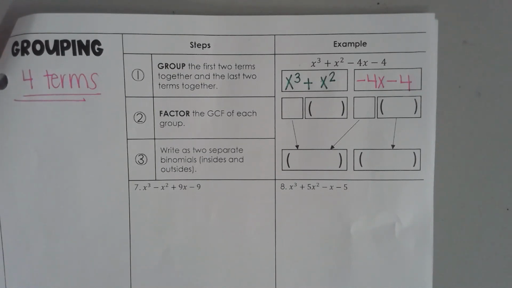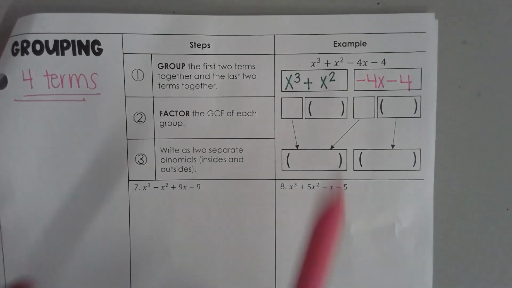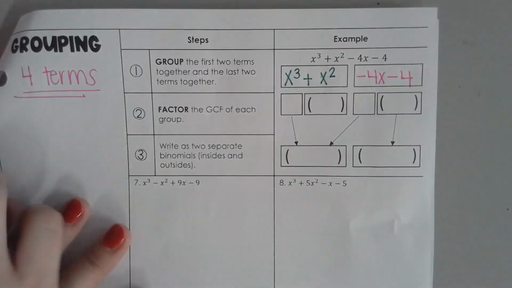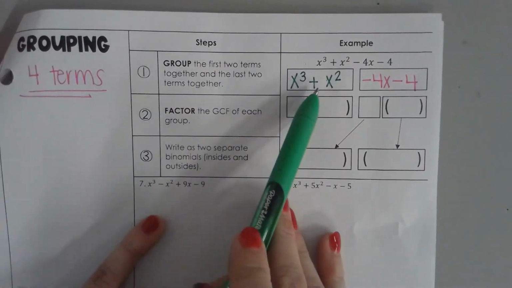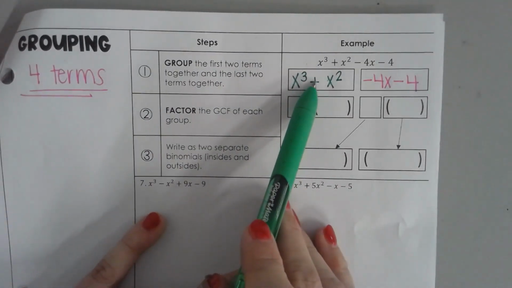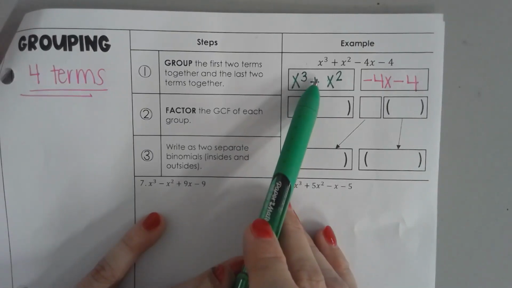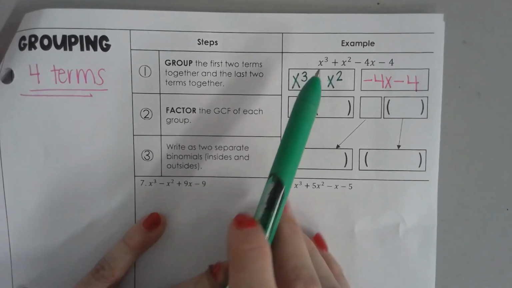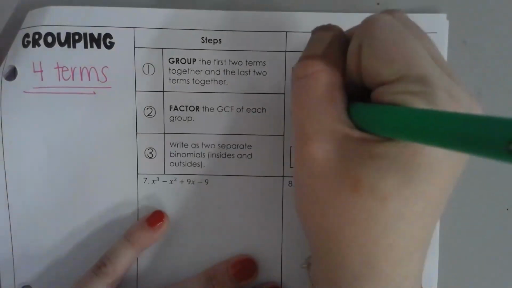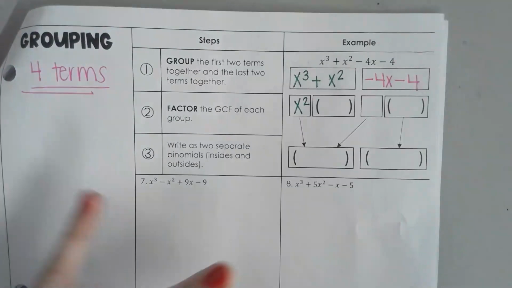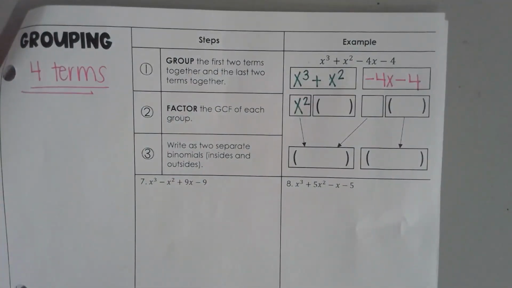Number 2, factor the GCF of each group. So if I look over here and what I've wrote in green, what is the GCF? 1x, x squared. They both have at least an x squared. You want to take as much from them as you can.